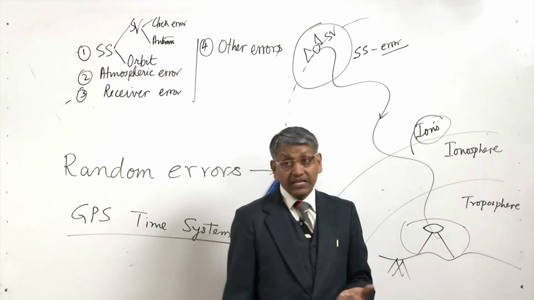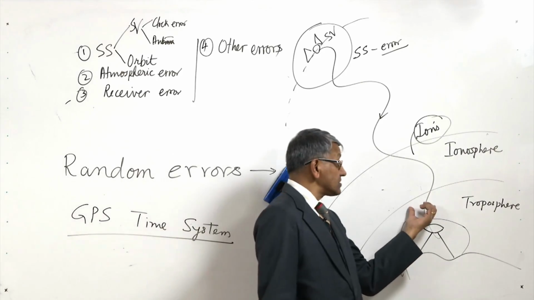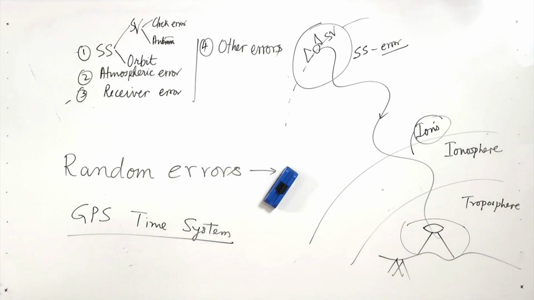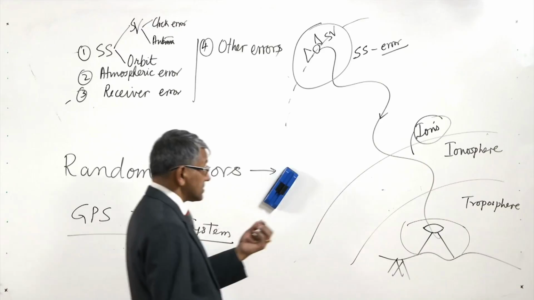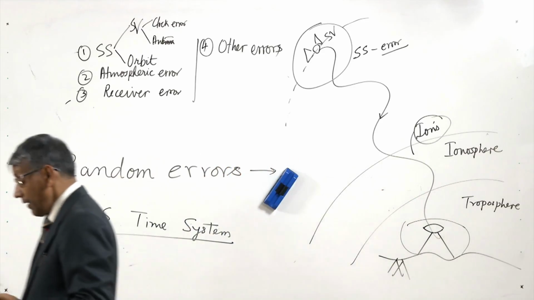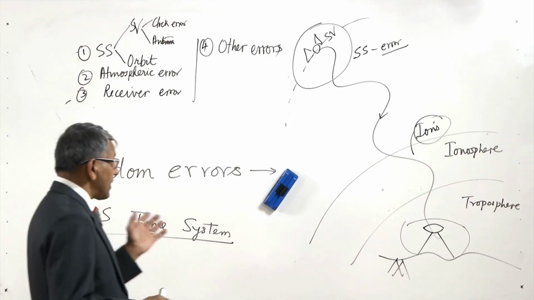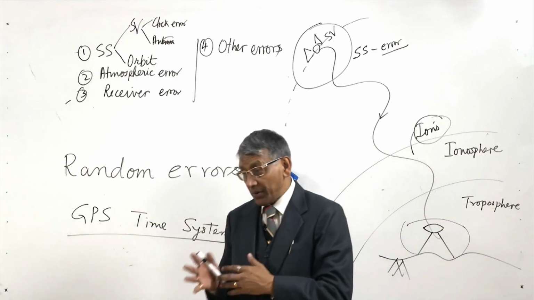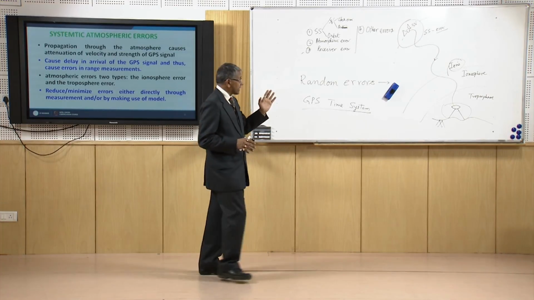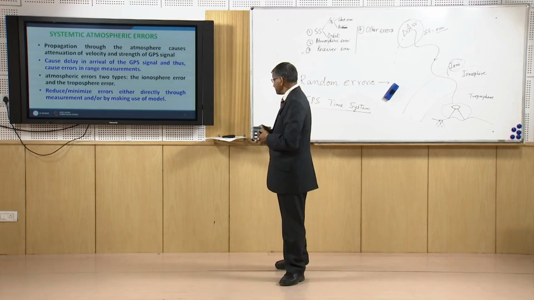and that is electrical in nature, whereas the troposphere contains many physical particles like water bubbles and other particles, and physically that will hinder or obstruct the transmission of the GPS signal, and the velocity of propagation as well as direction of propagation will change, which will make the signal propagation time delayed.